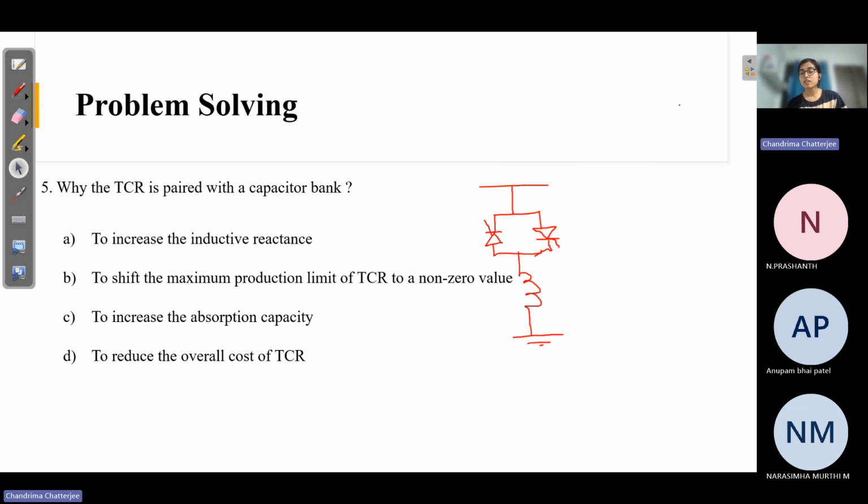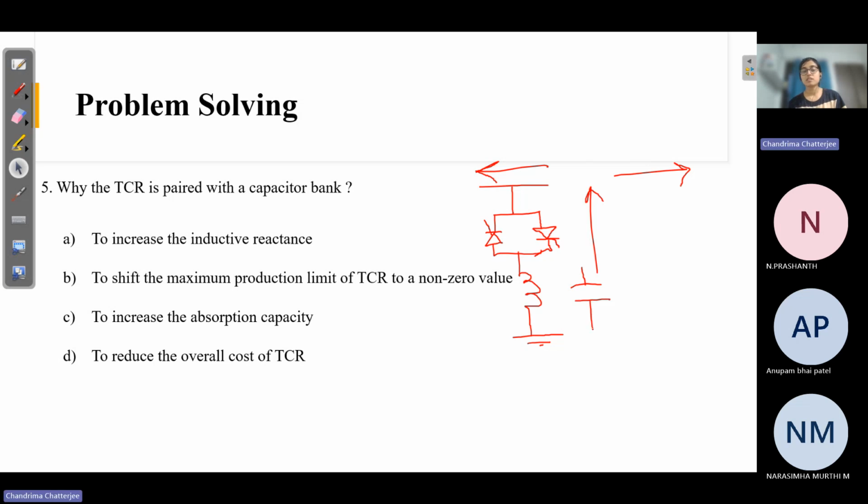In that case, as we saw last class, the reactive power will be positive. That means the reactive power compensator should provide reactive power to the line. It should generate reactive power, it shouldn't absorb. In that case, the inductor is not useful. In that case, we will need a capacitor.